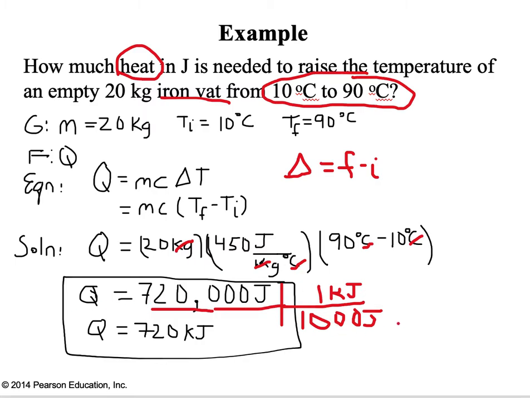We want to get out of joules and put it into kilojoules, so our conversion is 1,000 joules per kilojoule, and our value for heat is 720 kilojoules. We need 720 kilojoules of heat to add to the vat that contains 20 kilograms of iron to raise the temperature from 10 degrees to 90 degrees Celsius.